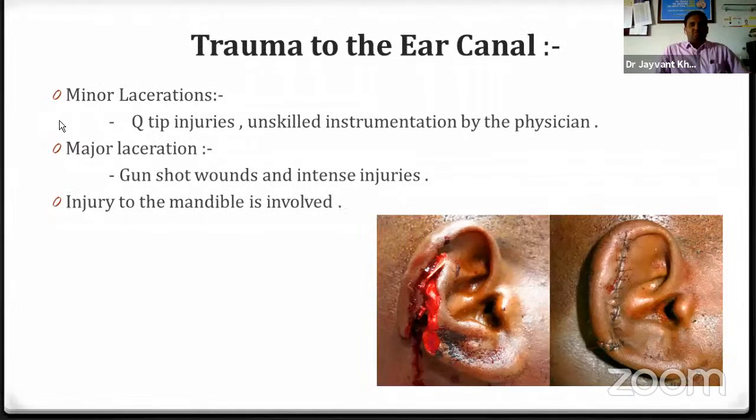Trauma: minor laceration, Q-tip injuries, unskilled instrumentation by the physician; major, gunshot wounds and intense injuries. Injury to the mandible is involved. You can see in this picture there is a laceration and suturing of the laceration.